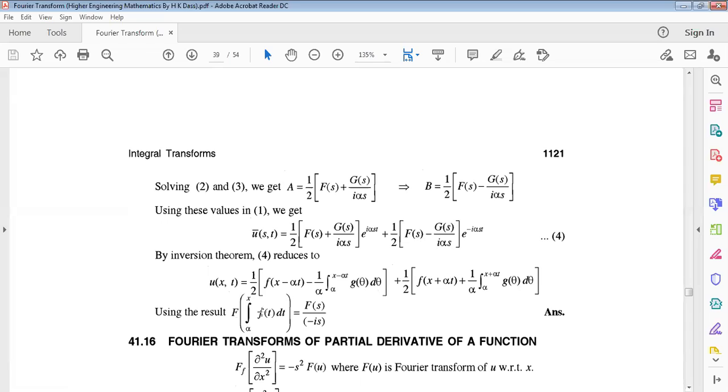Using the result, this equals to this. Total, actually, this is the result.